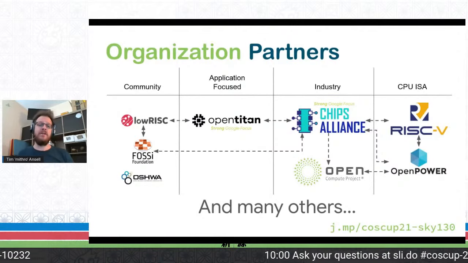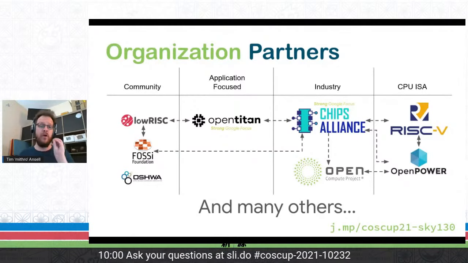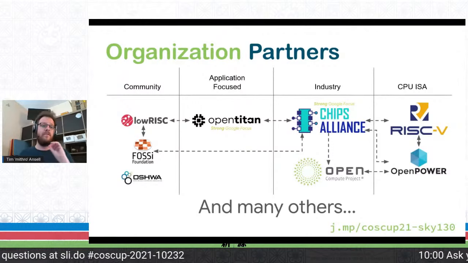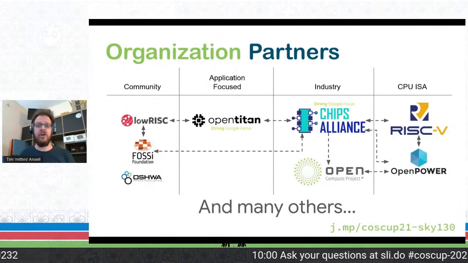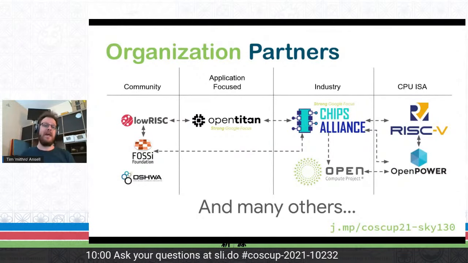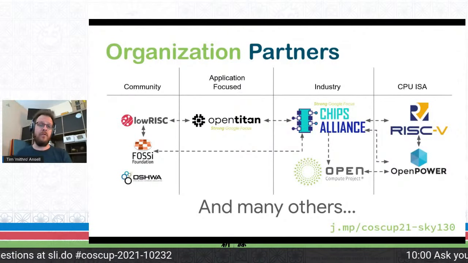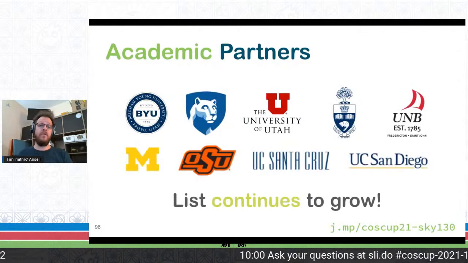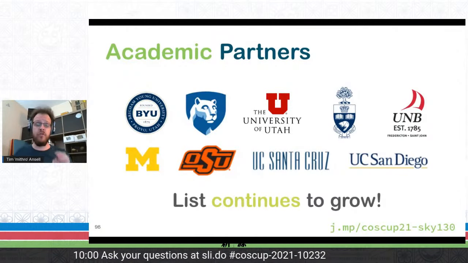But you can see other things like the RISC-V Foundation, the OpenPOWER Foundation, the Open Compute Project, OpenTitan, lowRISC, the FOSSi Foundation, the Open Source Hardware Association, all these groups have some part to play in making these fully open source hardware a reality. As well, I'm working with a huge number of academic partners, and that list continues to grow.